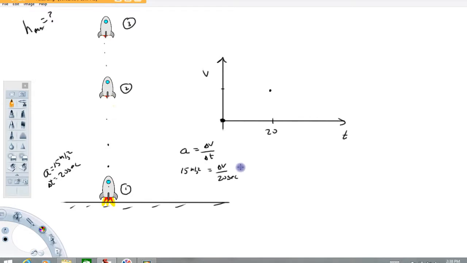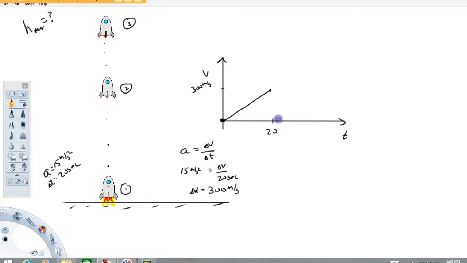It's pretty easy to solve that for delta v. I think we get 300 meters per second. That's a delta v, not a delta x. So at this point, 20 seconds, the velocity is 300 meters per second. I'm going to assume constant acceleration from time 1 to time 2.